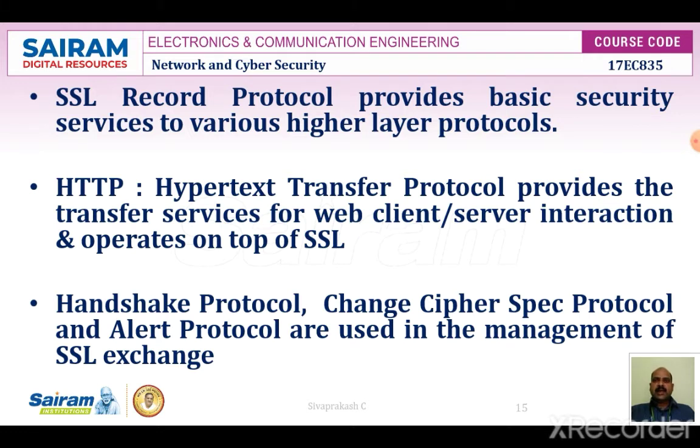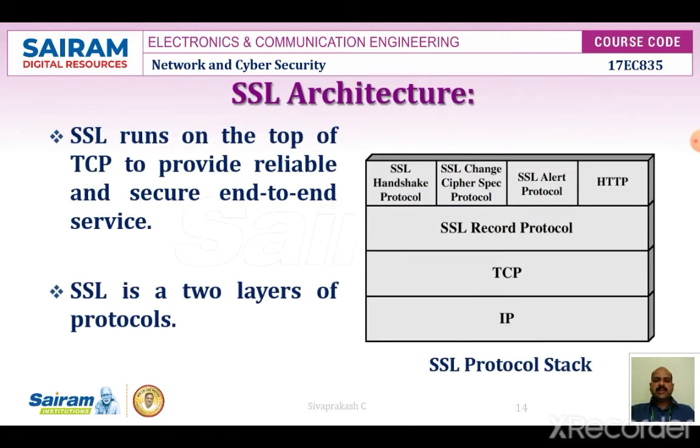Three higher layer protocols are defined as part of SSL: the handshake protocol, change cipher spec protocol and alert protocol, which are used in the management of SSL exchanges. As we have seen in this figure, it consists of the SSL handshake protocol, SSL change cipher spec protocol and SSL alert protocol, along with HTTP.